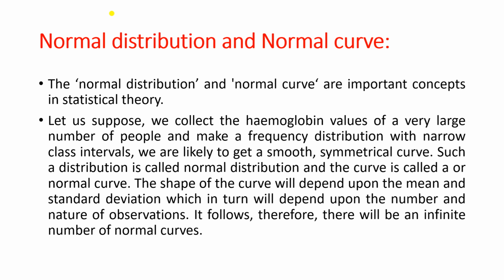So we can make 8 to 10, 10 to 12, 12 to 14, 14 to 16, like this. So 2 units of distribution. Class interval is 2 here. So how many intervals shall we have? 8 to 10 is 1, 10 to 12 is 2, 12 to 14 is 3, and 14 to 16 is 4. So we have only 4 class intervals here.